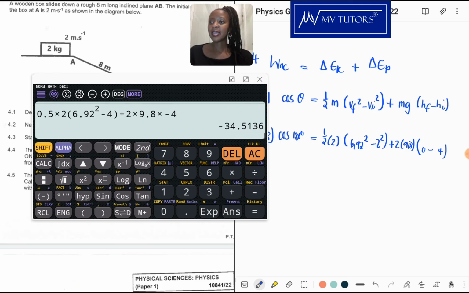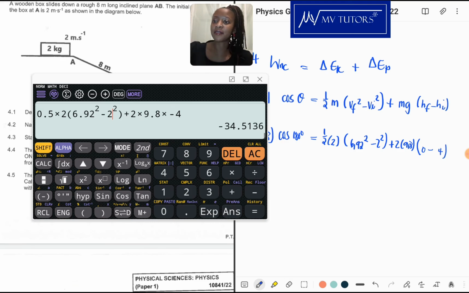Okay, and that would be, let me see, so we have 0,5 times 2. Ooh, I forgot a 4 squared over here. Okay, so 0,5 times 2, 6,92 squared minus 2 squared. And then plus 2 times 9,8 times negative 4.